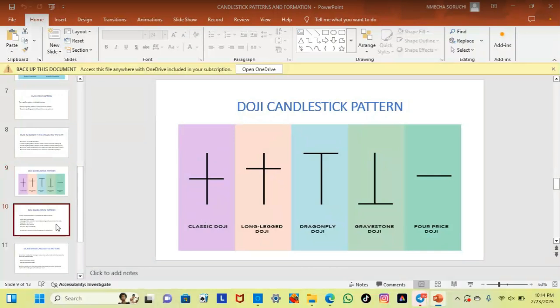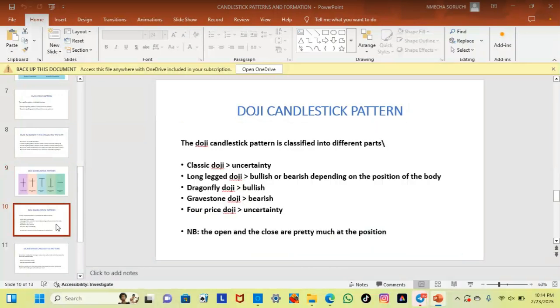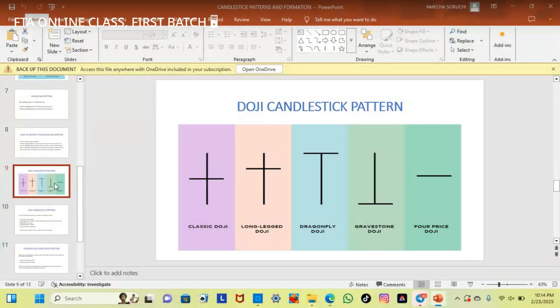The next is the long-legged doji. The long-legged doji is a bullish or a bearish reversal candlestick, depending on where the body of the candle is.